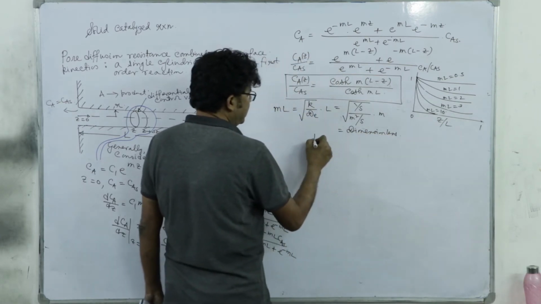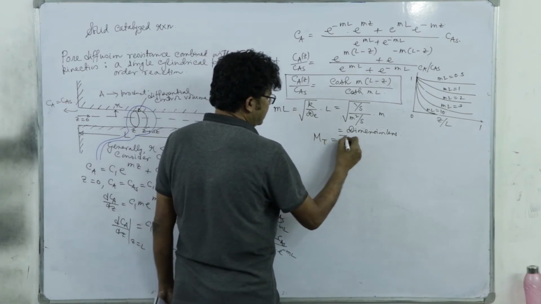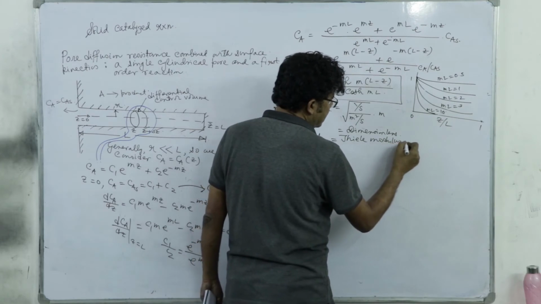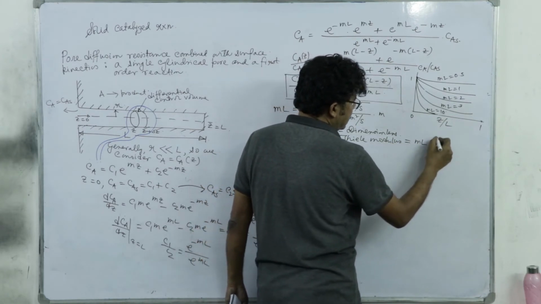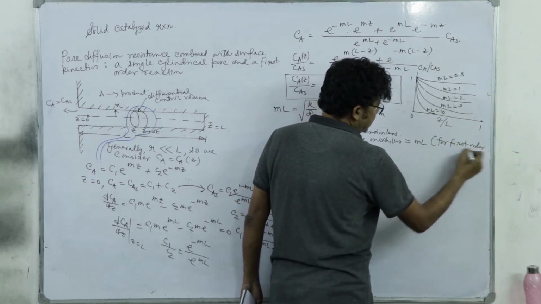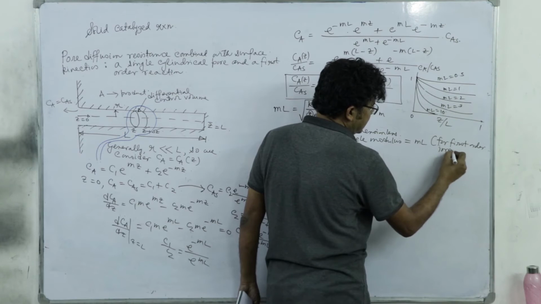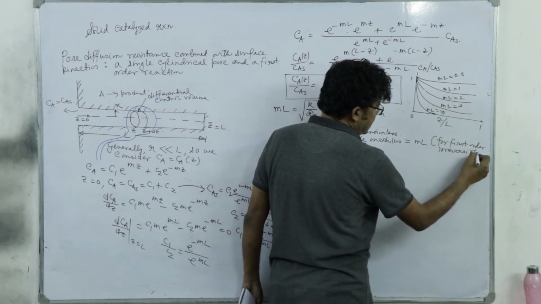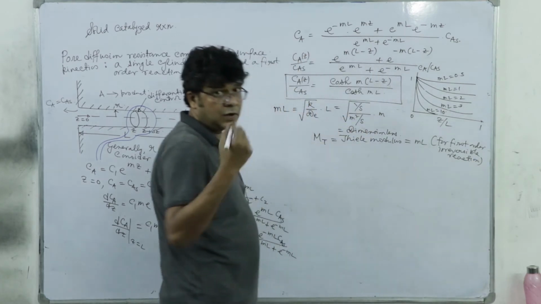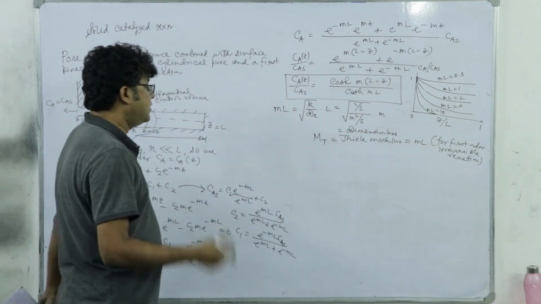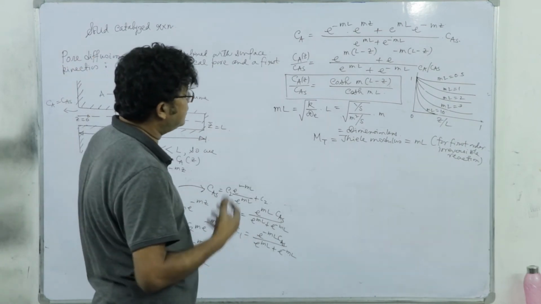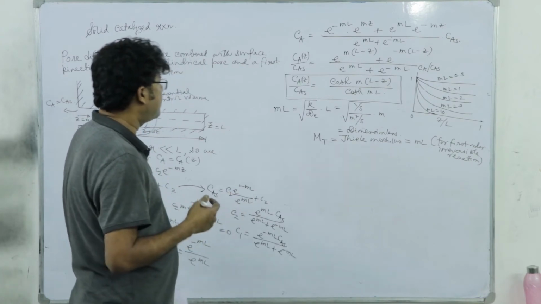And that ml we refer to as Thiele modulus, here for first order irreversible reaction. Definitely the Thiele modulus will change as you go on changing the type of the reaction from first order irreversible to first order reversible to nth order irreversible, etc.